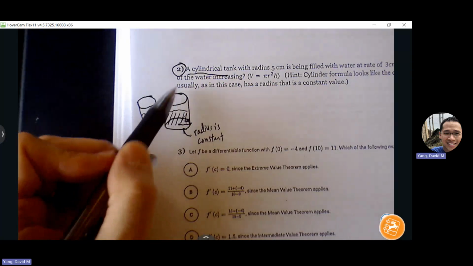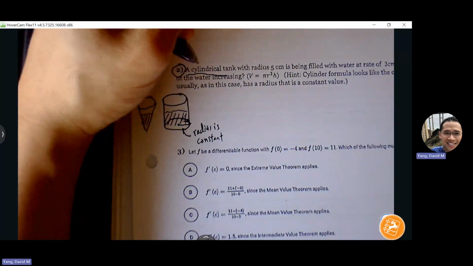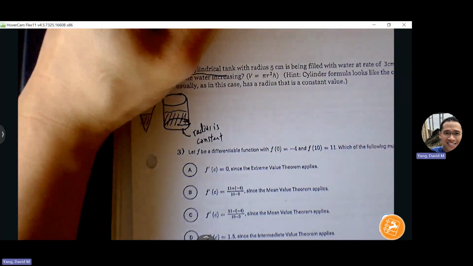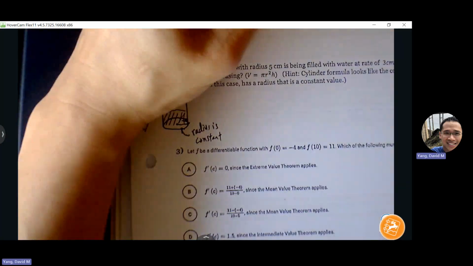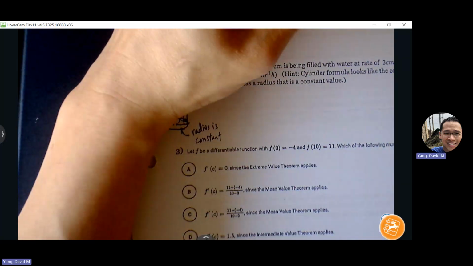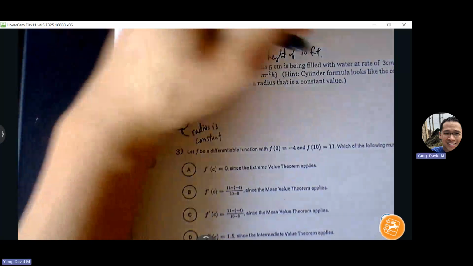However, the reason why we may get tricked into doing that is because sometimes problems provide information that is not needed. They would say the height is 4 feet, and then maybe the container has a height of 10 feet or 10 centimeters, right?